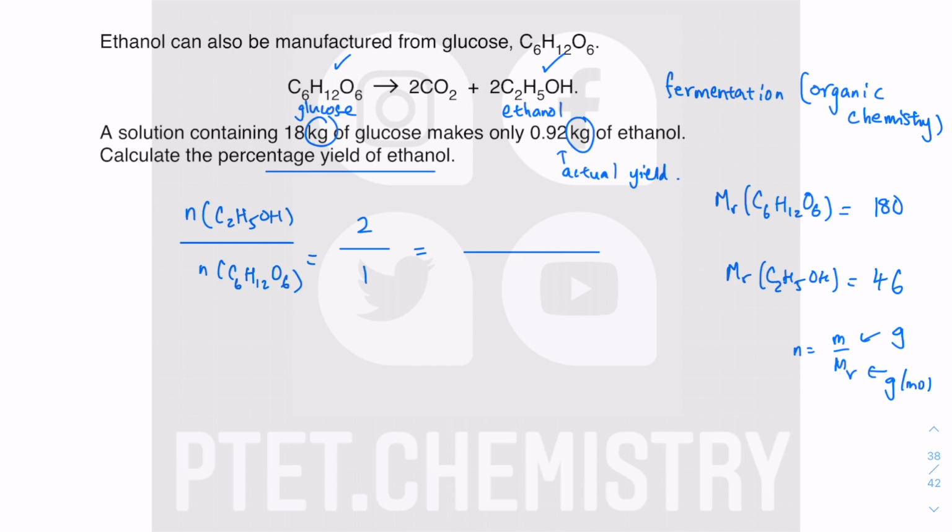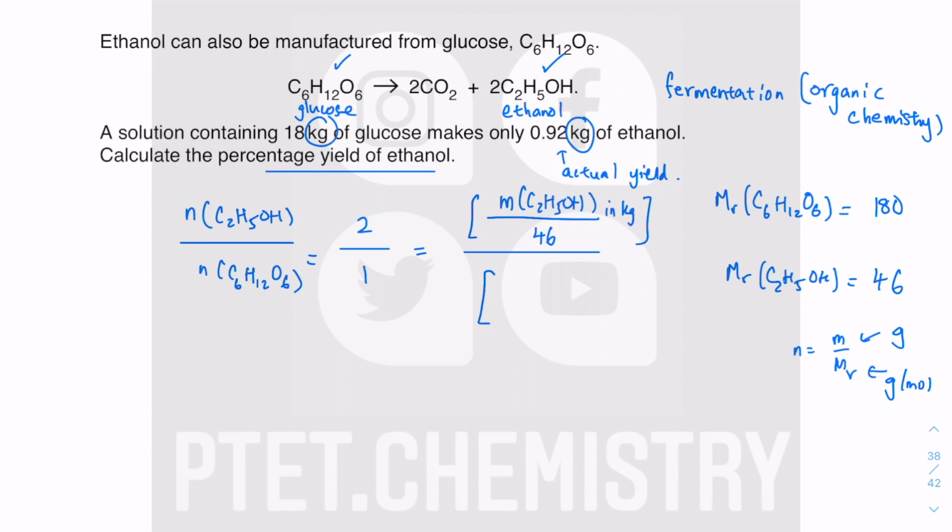I want to know from this balanced equation, assuming 100% yield, what is the mass of the ethanol that I expect to get. This is the mass of ethanol, because the ethanol is everything on top, and then they divide by the molar mass, divided by 46. If this is in kilogram, then the bottom bit I can do in kilogram.